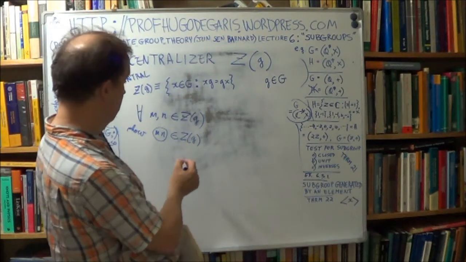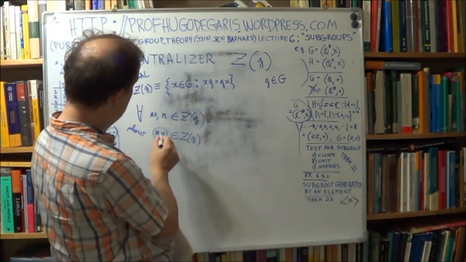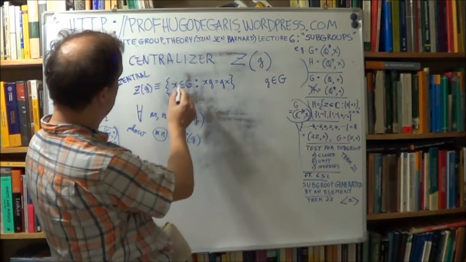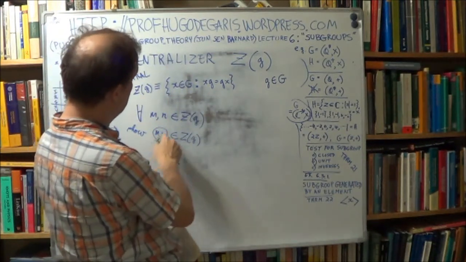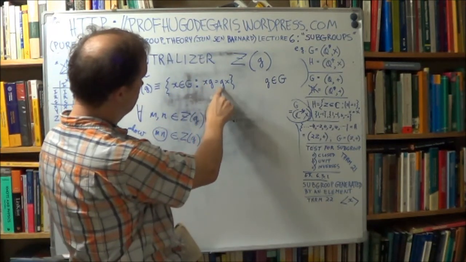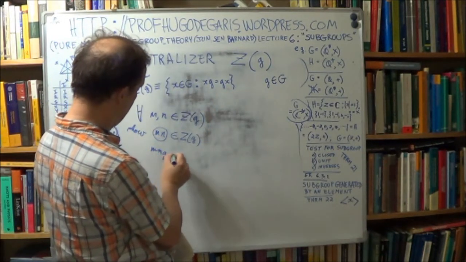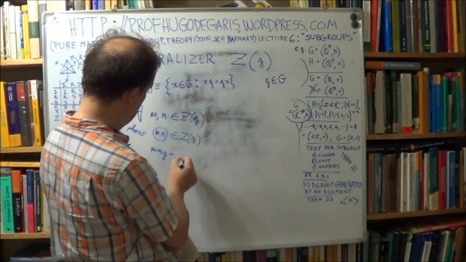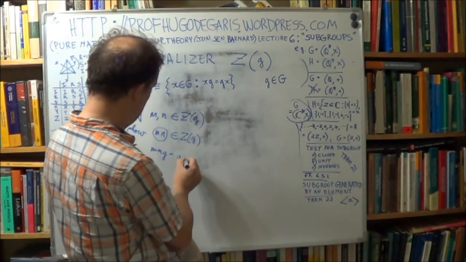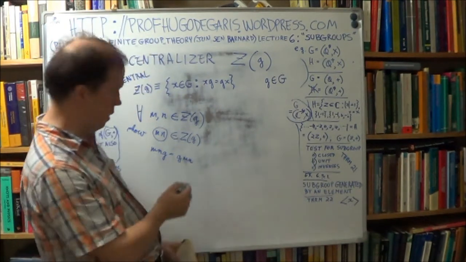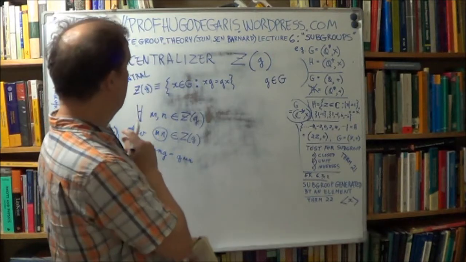So mng equals gmn. That's what we have to show.